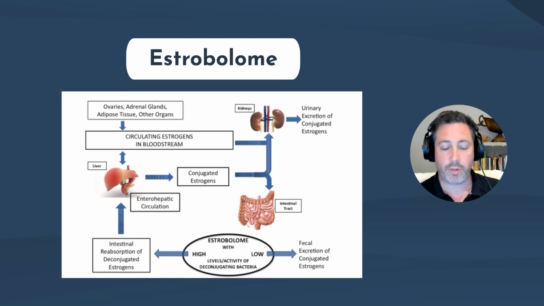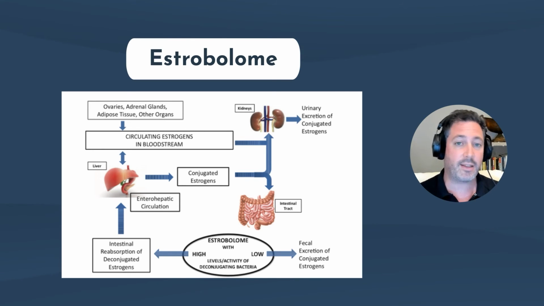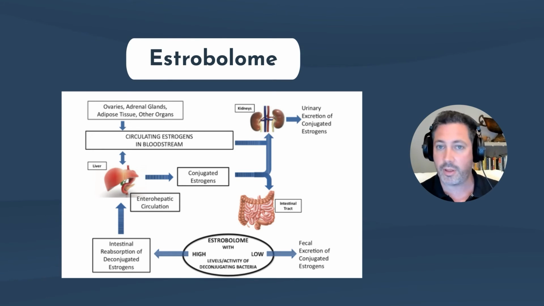Now, there's another thing I've been talking about, which is the estrobolome. The estrobolome became very trendy because there are a lot of hormonal imbalances. And in trying to find the root causes of those imbalances, we now look at the microbes.